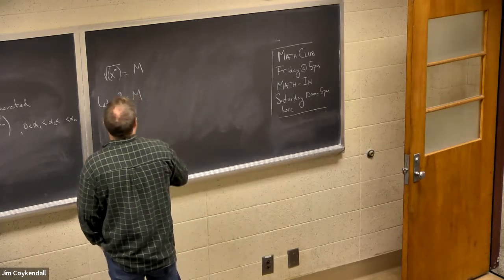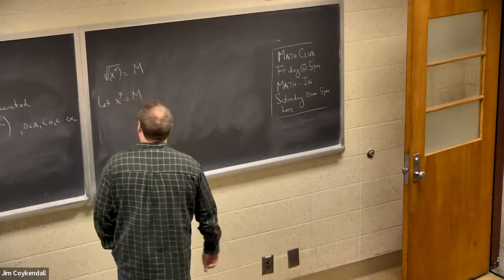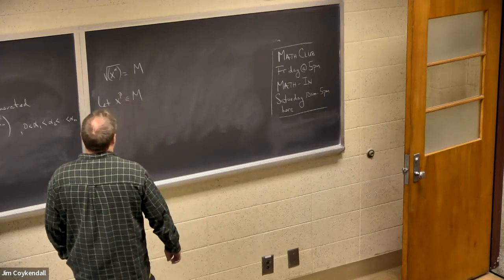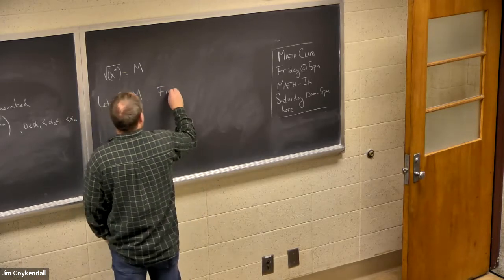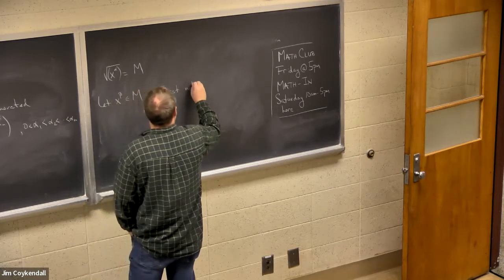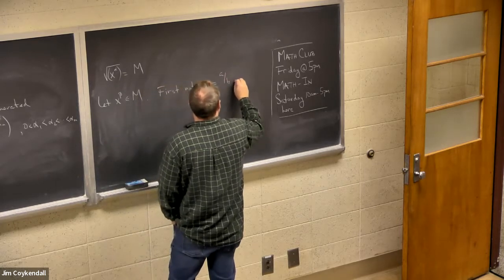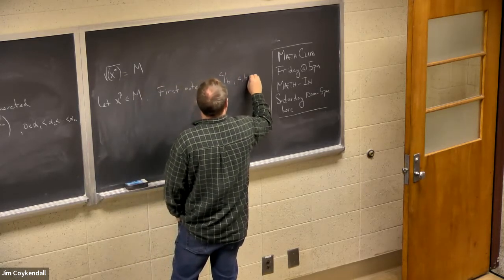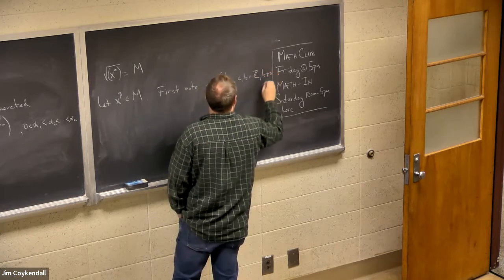Notice that, first note, alpha is A over B, where A and B are in the integers, and B is not 0.